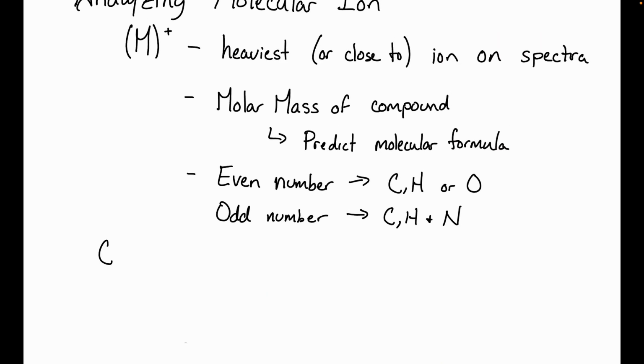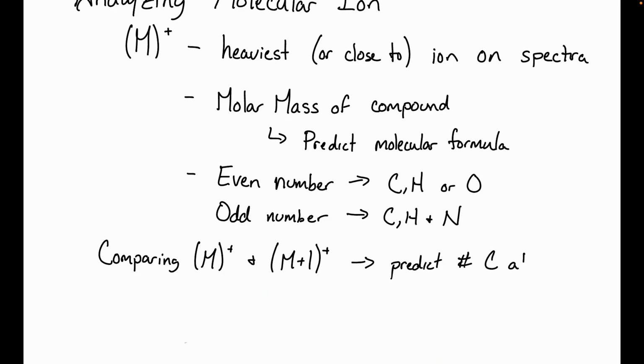All right, so if we're comparing our molecular ion and the M+1 peak, we can use that to predict the number of carbon atoms. All right, and we'll do that here in a second with our example spectra.